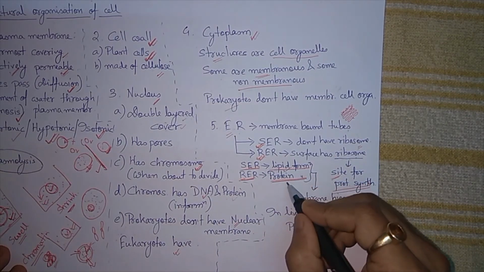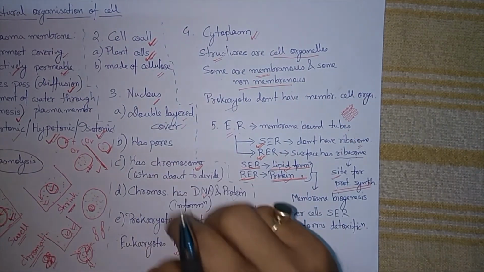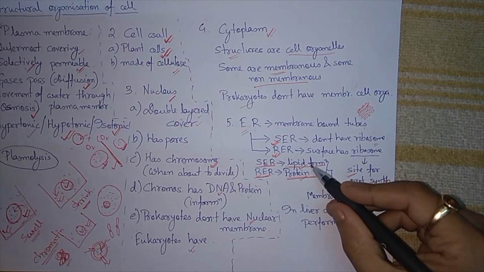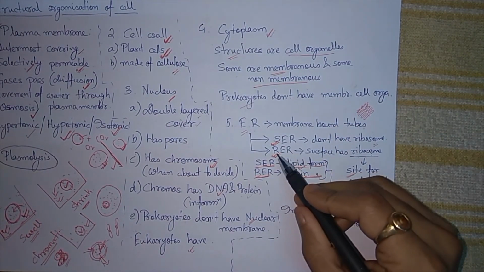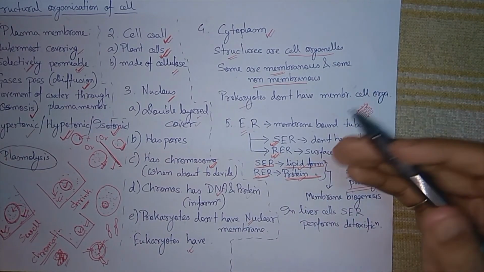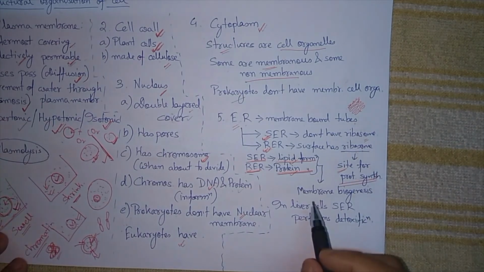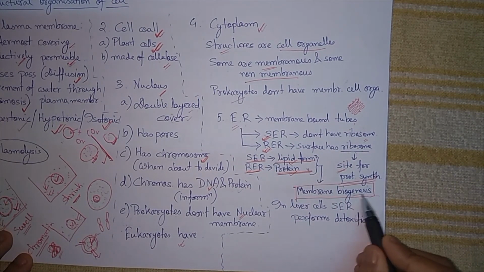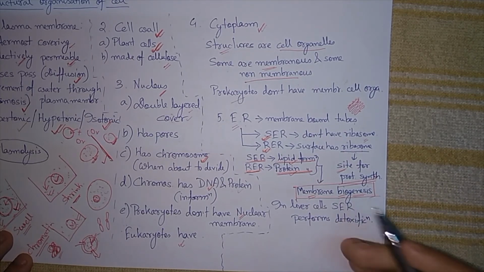And both lipid and protein are found in the plasma membrane, cell membrane. So these lipid and protein synthesized by smooth endoplasmic reticulum and rough endoplasmic reticulum are used in the formation or synthesis of plasma membrane. This phenomenon is known as membrane biogenesis. Genesis means generation, formation, membrane means plasma membrane, bio means living.